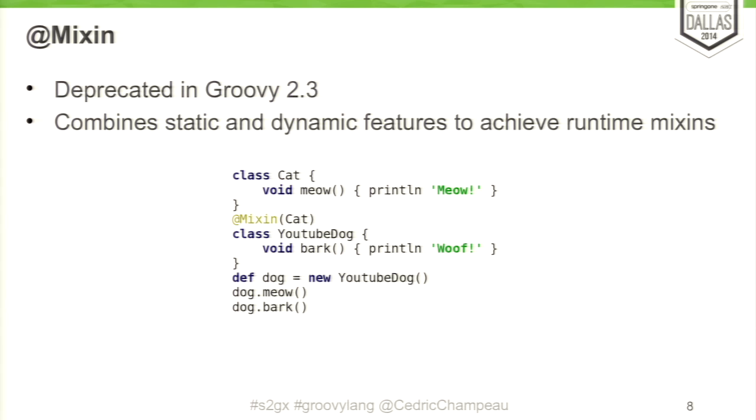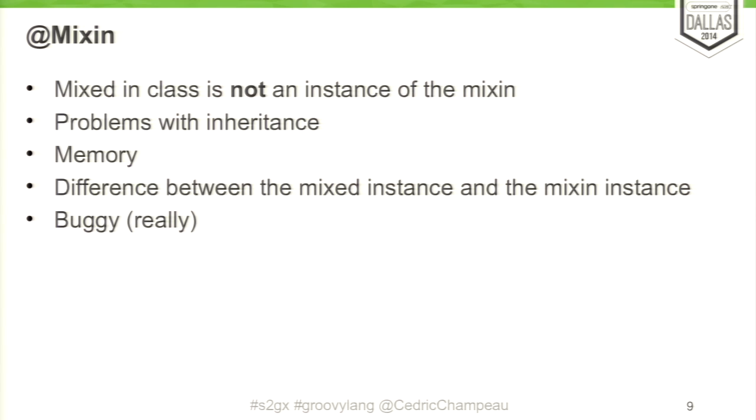So you have lots of dark magic behind that. And that dark magic basically is broken. So you have lots of problems with mixins. If you go to the Jira bug report system in Groovy, you would see lots of bugs reported on mixins, just because the approach works for simple cases, but you have some problems.